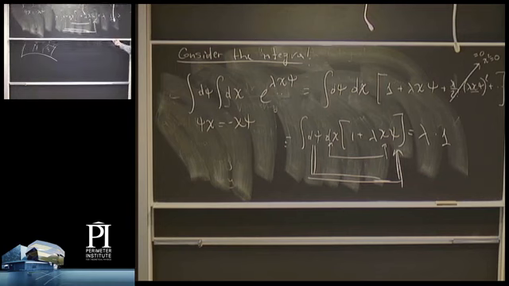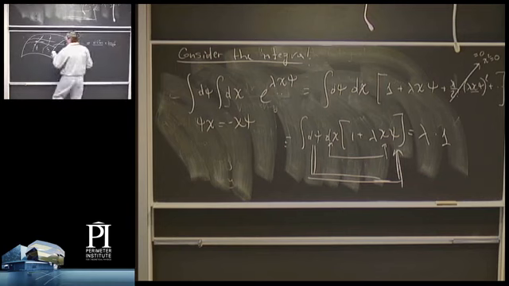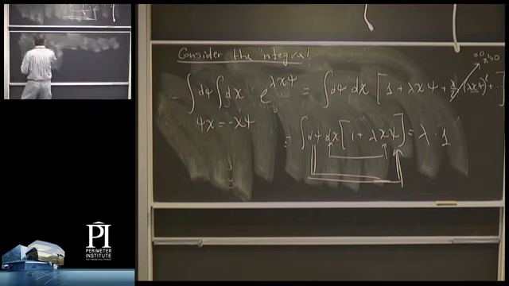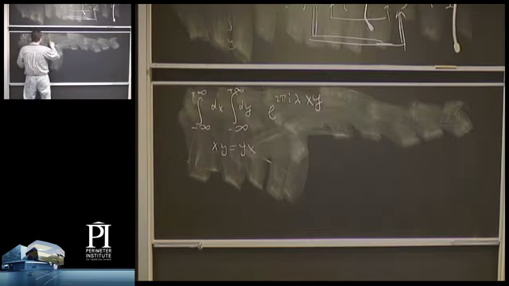So the next thing we're going to do, we look at a slightly different integral. So now I integrate from minus infinity to plus infinity of dx, the integral from minus infinity to plus infinity of dy, e to the 2 pi i lambda xy.